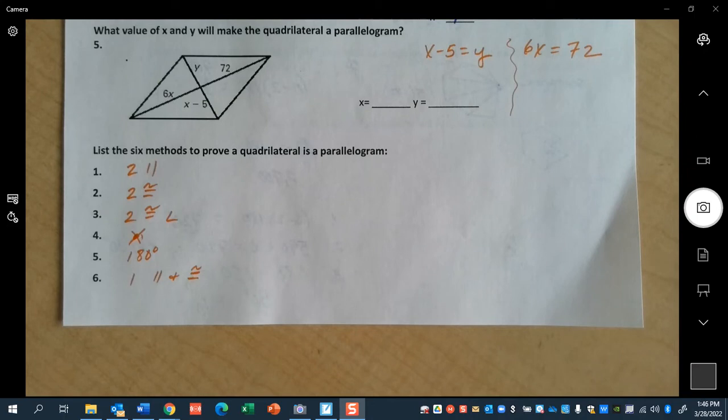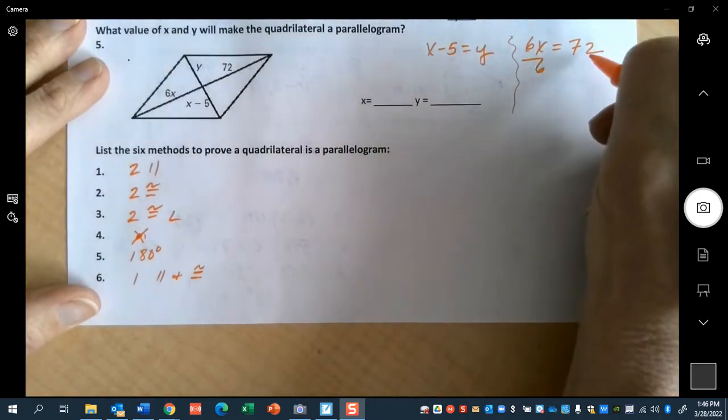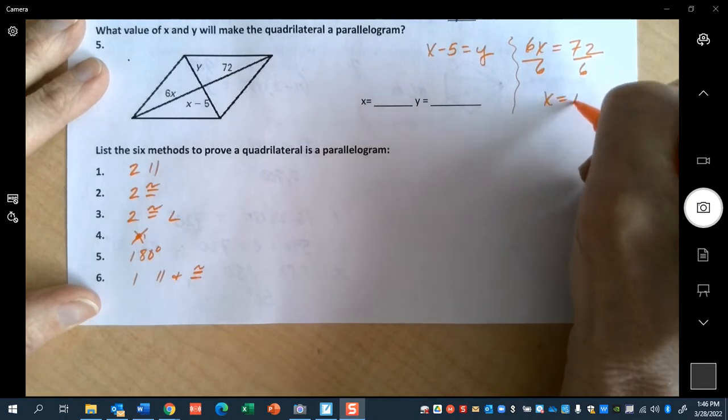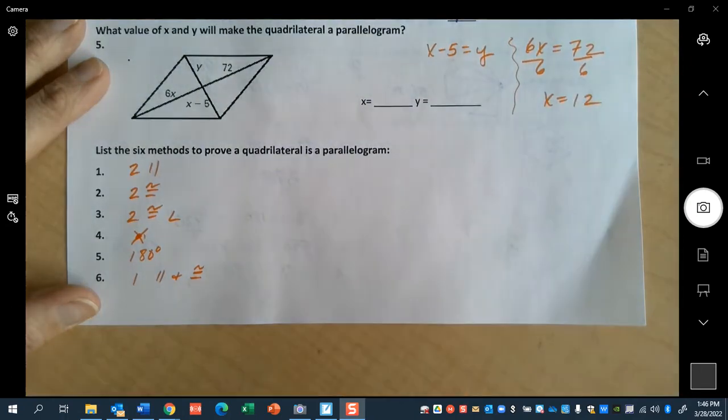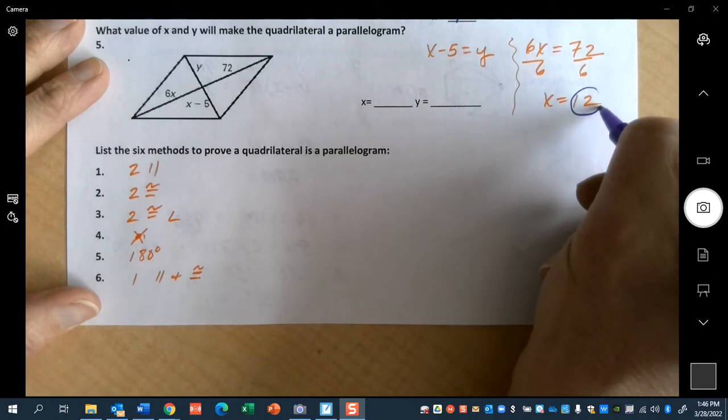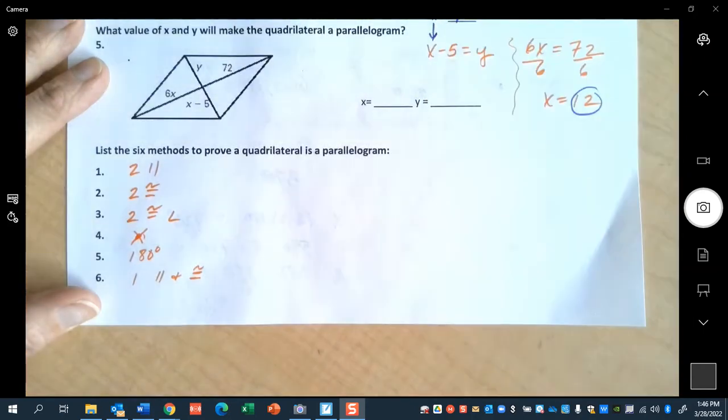Unless somebody walks in and goes, oh, by the way, 6 times x is equal to 72. Now that you have this second piece of information, now you can go ahead and solve for x. So when I solve for x, I get x has a value of 12. Once I have this value for x, I can then plug it in to here.